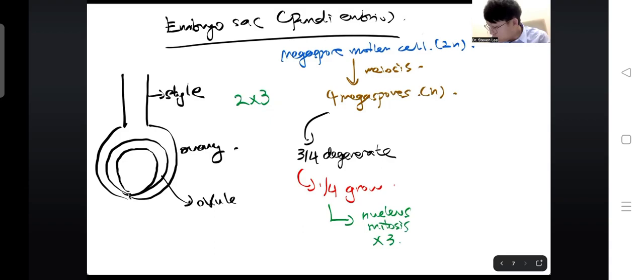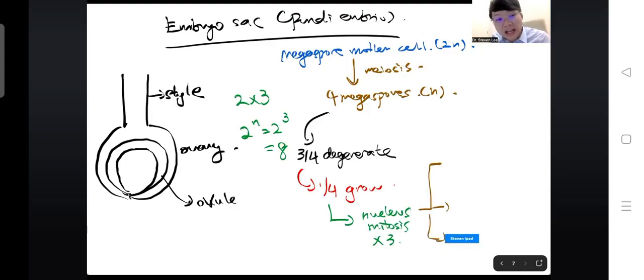It's 2 to the power of n, where n is the number of divisions. So if you undergo division 3 times, then it's 2 to the power of 3, which is 8. You produce 8 nuclei if you do mitosis 3 times, not 6. You don't just times like that. It's a power. It's an exponential increment. Okay?